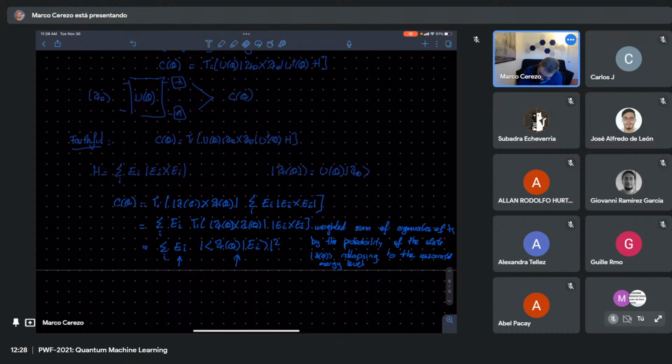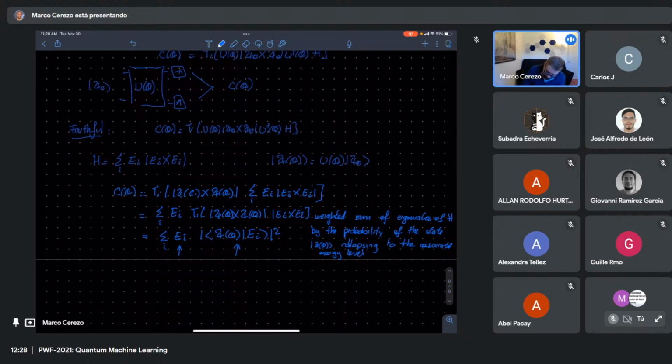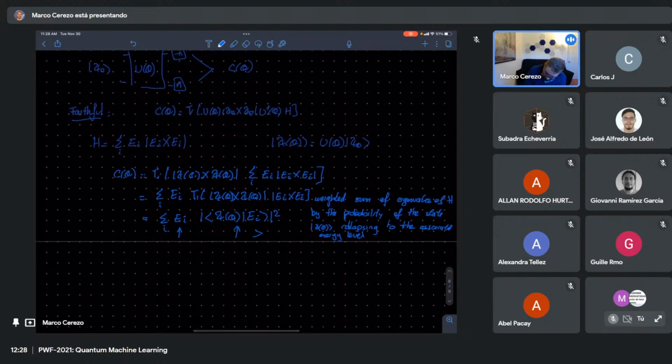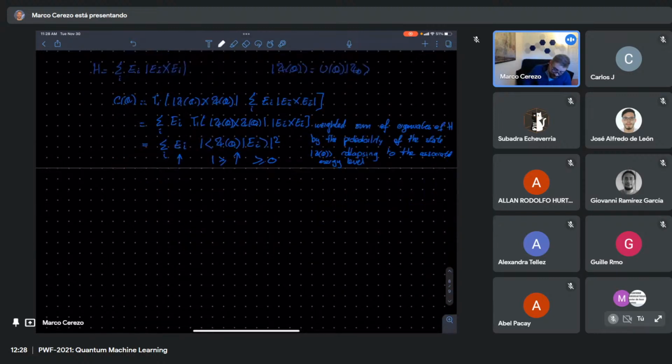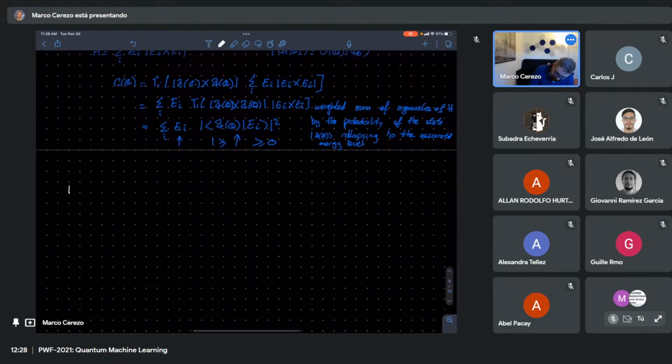All right. So what does this tell us now? If you look at this equation, all of those quantities right here are greater than or equal to 0 because they are probabilities, numbers between 0 and 1. So when is this cost function minimized? We can think about this now as I have my state, psi of theta, and this has a given probability of being in the ground state, E0.